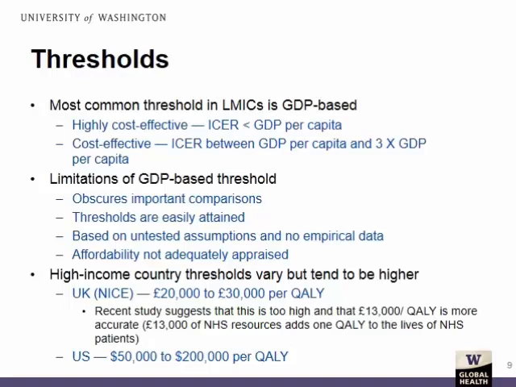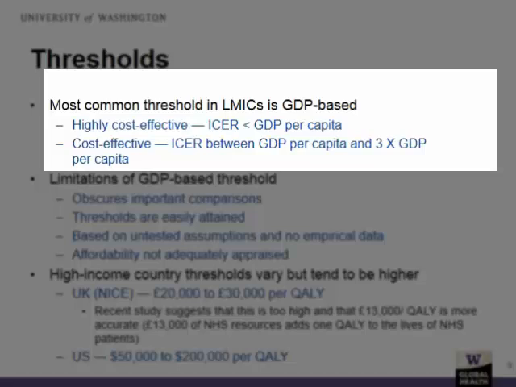So let's look first at thresholds, and the most common threshold used is GDP. It's the GDP-based threshold, and it says that an intervention is highly cost effective if the ICER is less than the GDP per capita of the country in real terms.